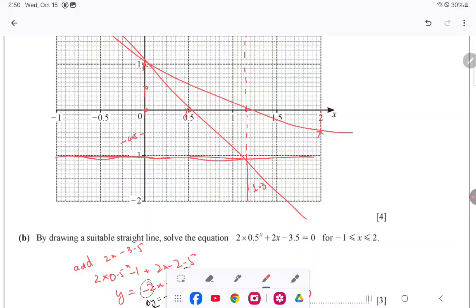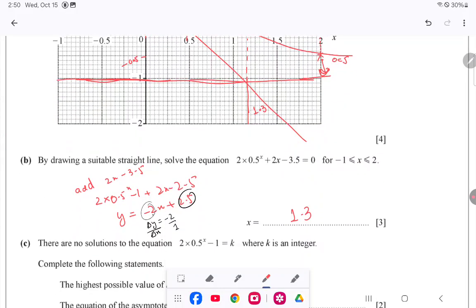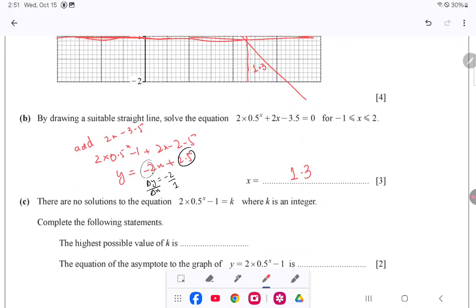This is our 0.5, and below that the condition of the function will not exist, so the highest possible value of k can be negative 1.